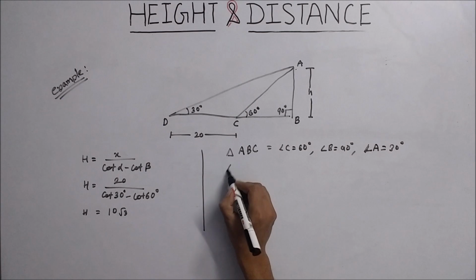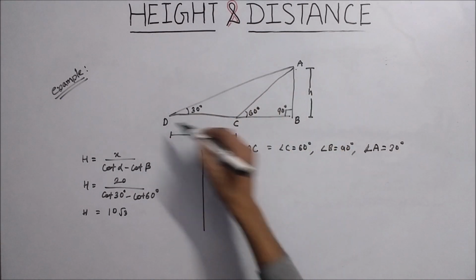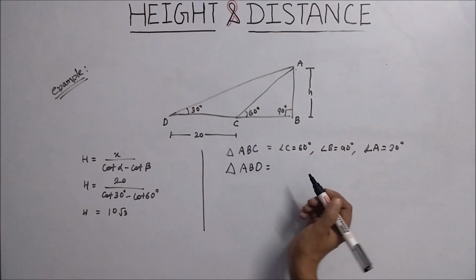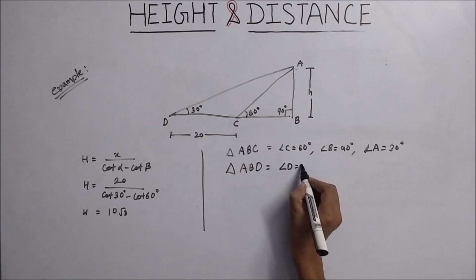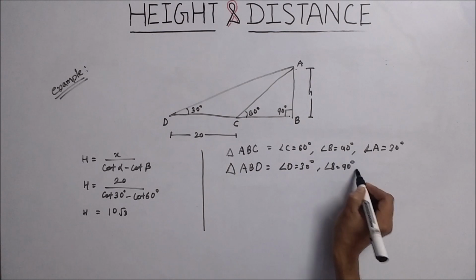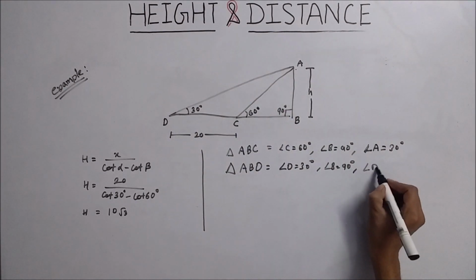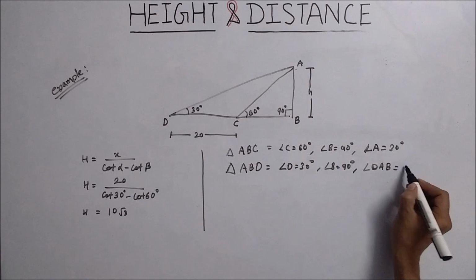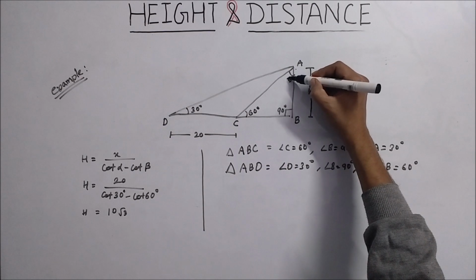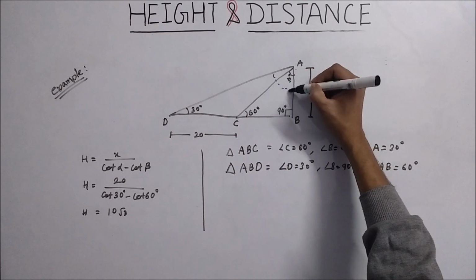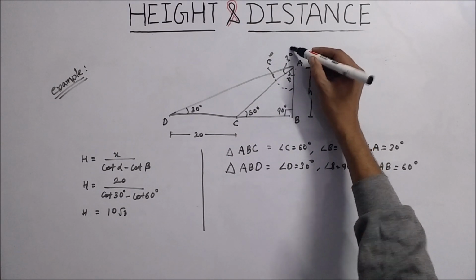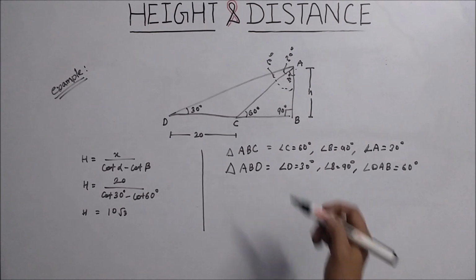But if we're talking about triangle ADB, or you can say ABD, in this angle D is 30, angle B is 90, and this complete angle DAB is equal to 60 degree. This angle is 30 degree, this complete angle is 60 degree, so the left one is also 30 degree. Now you have to play with angles.